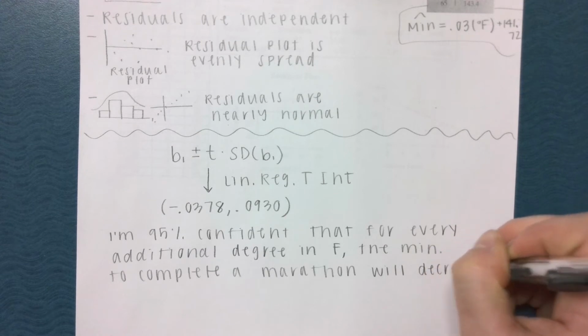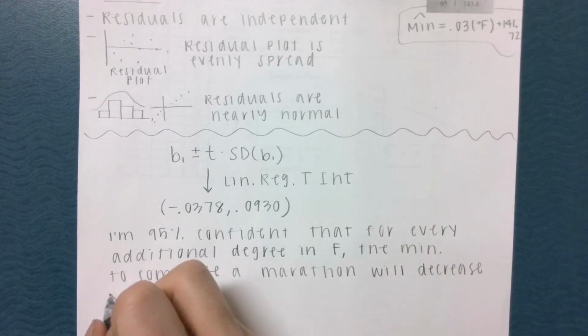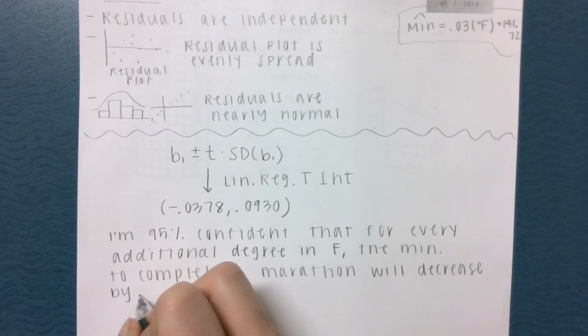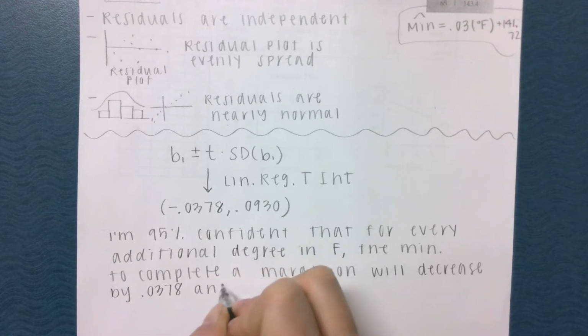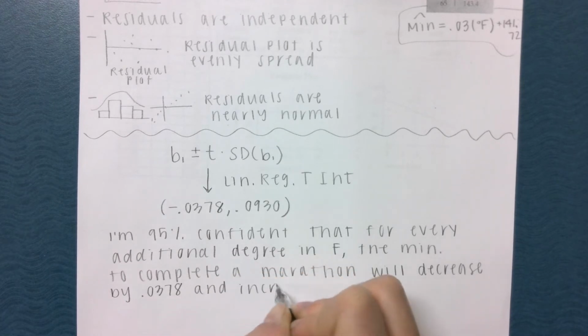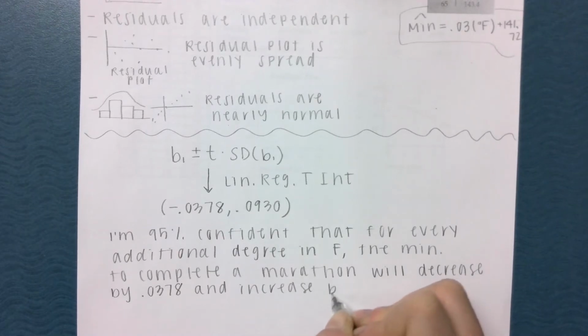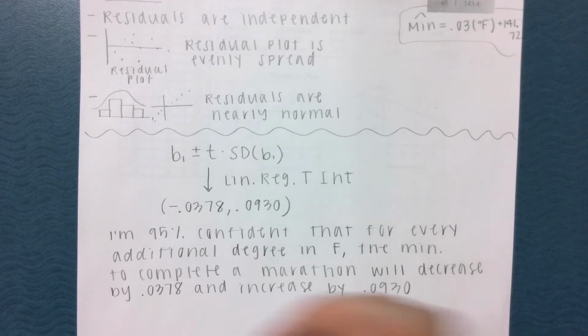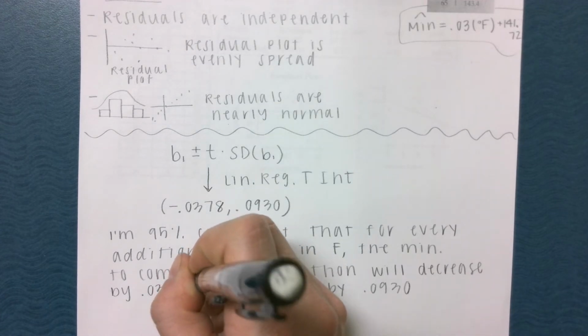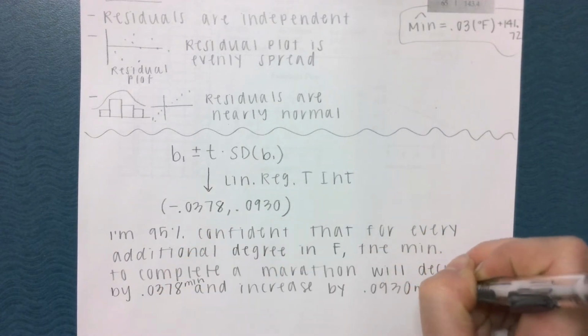So I'm going to say that the minutes to complete a marathon will decrease by 0.0378 and increase by 0.0931. Forgot my labels here. These are both in minutes.